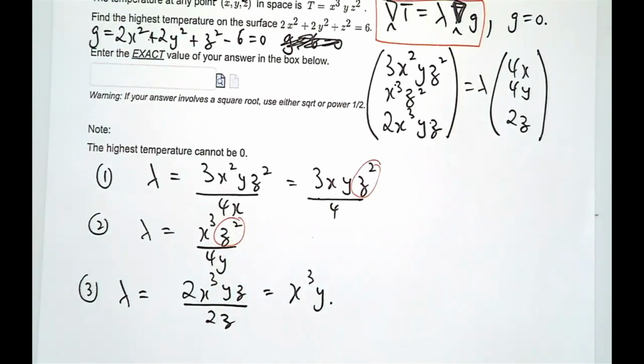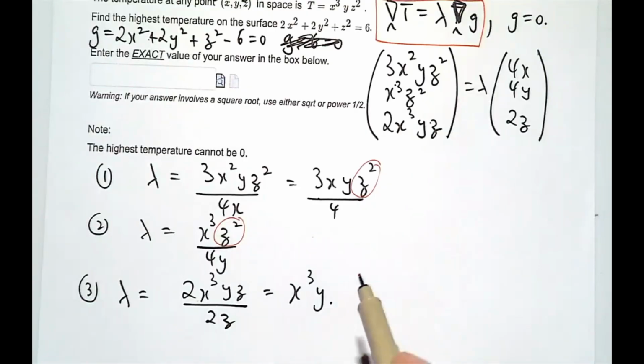So if I let equation 1 and equation 2 equal each other, because they're both equal to lambda, those z squareds will disappear. And then I'll just be left with x's and y's. So I'm already trying to think about how to simplify it. That's the first thing I notice.